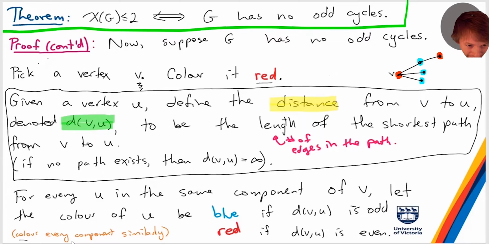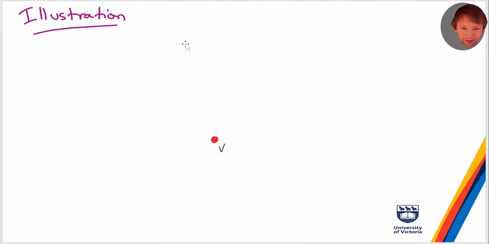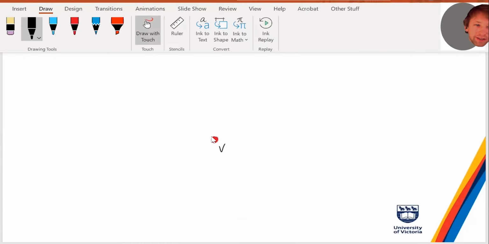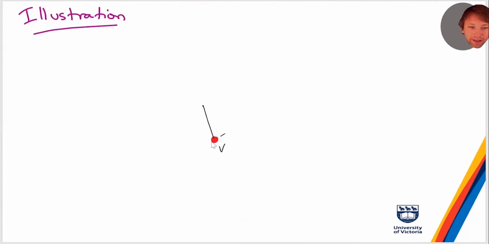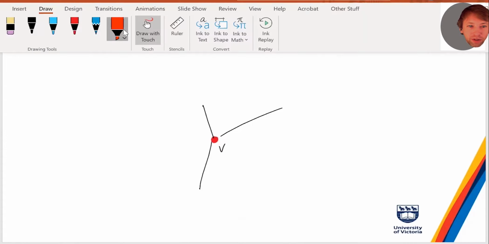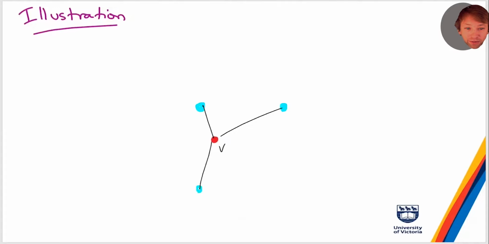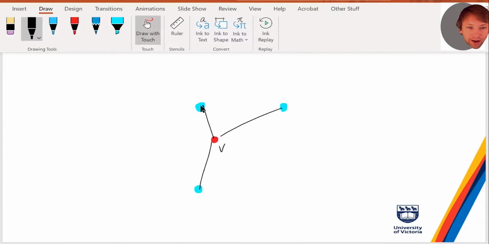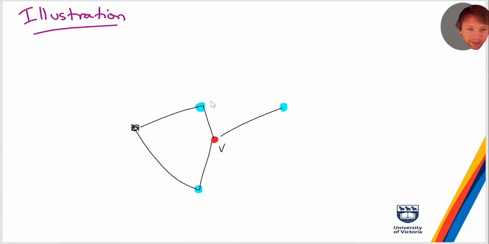This is what I'm saying here: color every component in a similar way. The idea is that I start with V, color its neighbors blue because V is red, color the vertices at distance 2 red, distance 3 blue, distance 4 red, and so on.